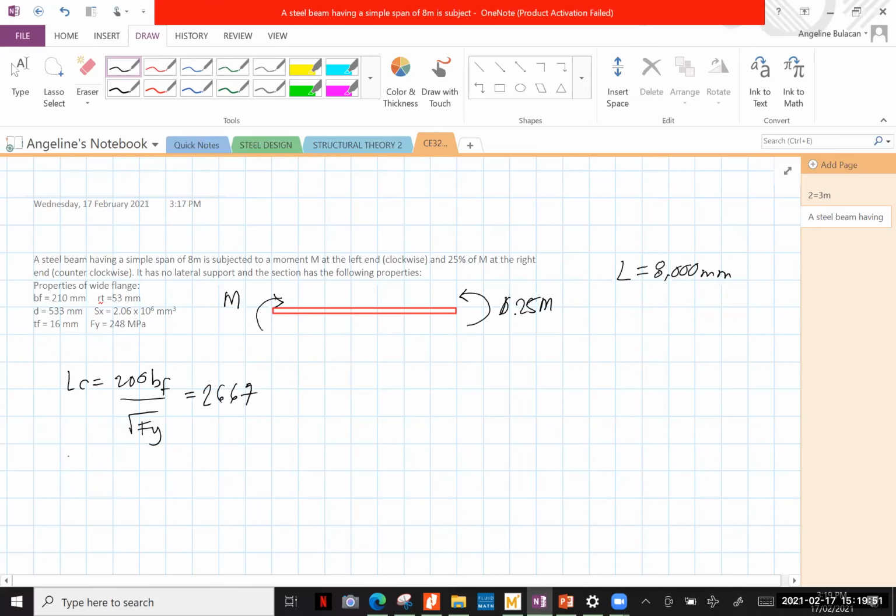Check naman natin yung LU. So 138 AF over DFY. Lalabas na sagot dyan is, substitute nyo na lang, no? Lalabas na sagot is 3505.30 millimeters.